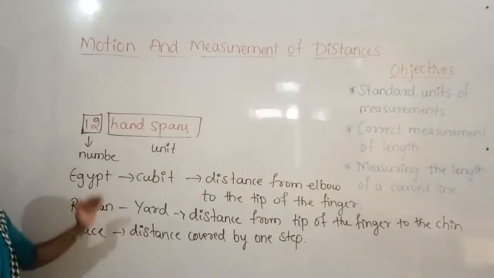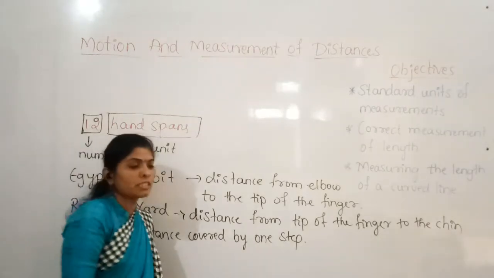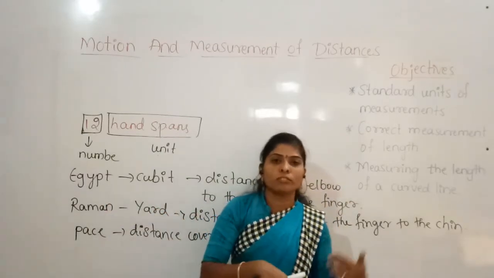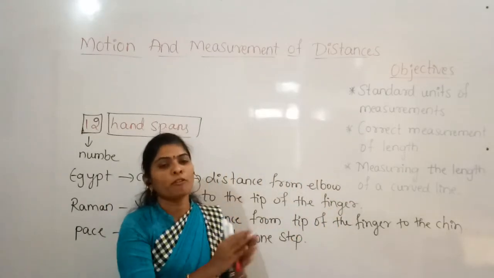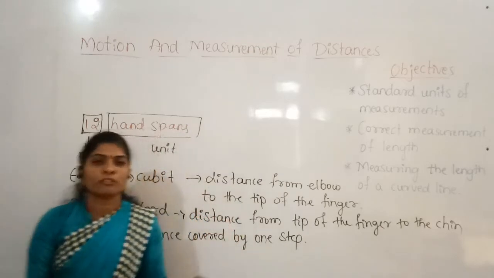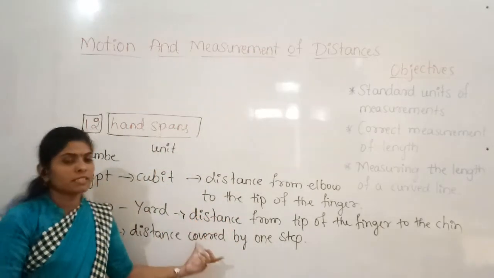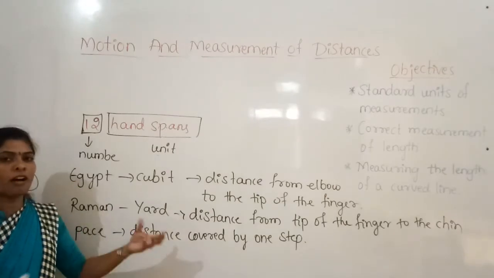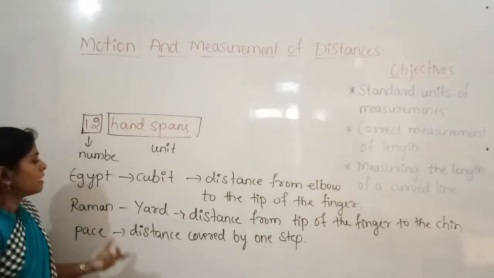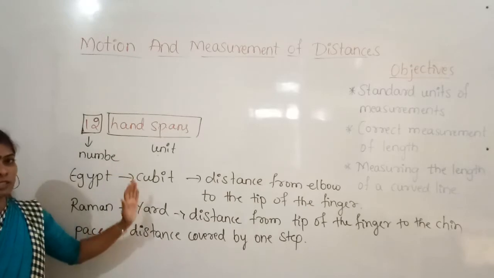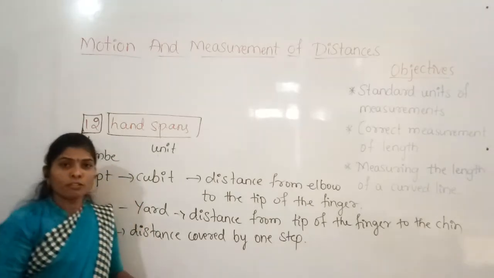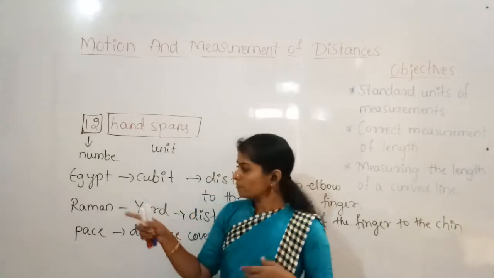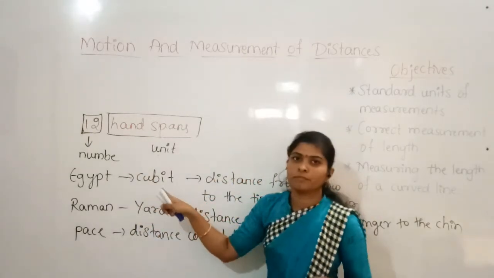Different units of measurement were accepted in some parts of the world and were used as standard units in those days. Even today, in some parts of the country, we can see the cubit measurement.